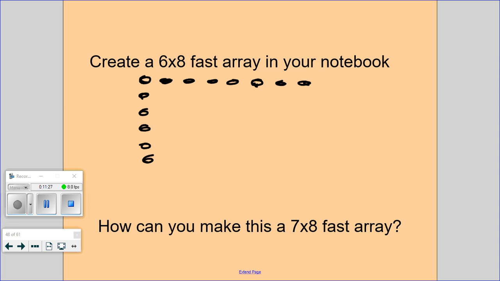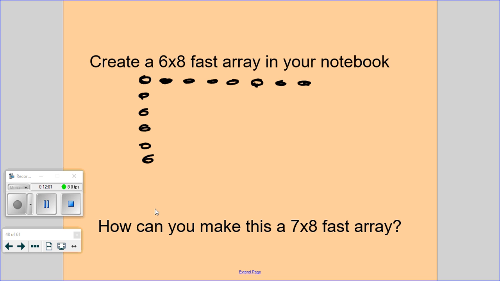How can I make this a 7x8 fast array? How do I make this a 7x8 fast array? Kylie, what do you think? You got it. Think about it. I'll come back to you. Lainey, what do you think?